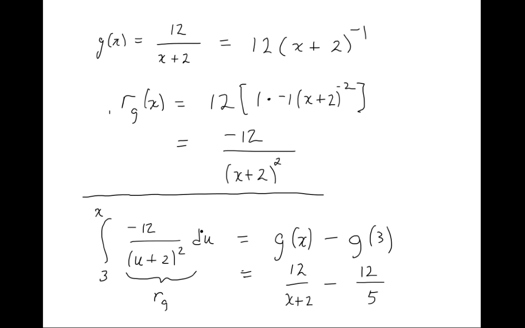So look, we just were able to write this particular open form of accumulation function in a closed form. And this will give us the net change in g starting from x equals 3. So if you started from x equals 3 and you accumulated according to g up to x, you'd get this much accumulation from 3.